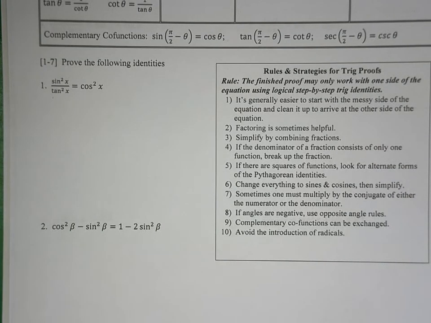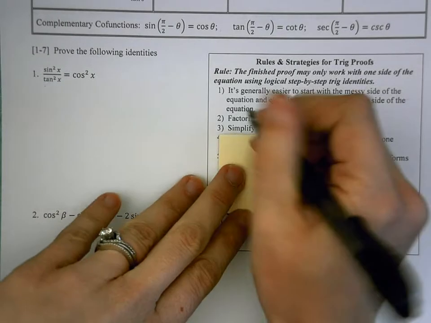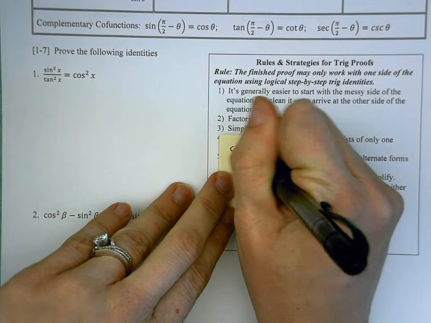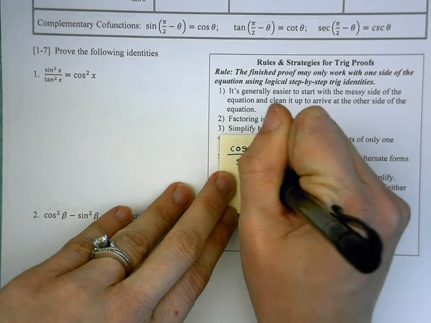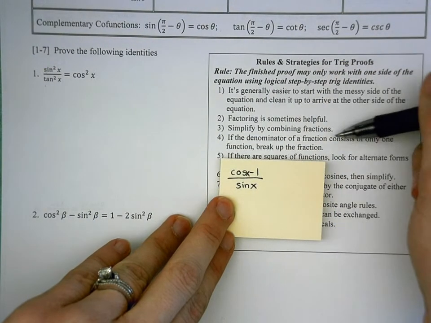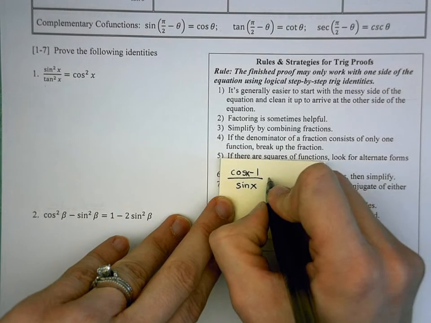We referenced this in objective 2, the idea of splitting your fractions. So if you have, I don't know, we'll say cosine x minus 1 divided by sine x, this is what step 4 is saying: if the denominator of a fraction consists of only one function, like sine x, you could break up the fraction.